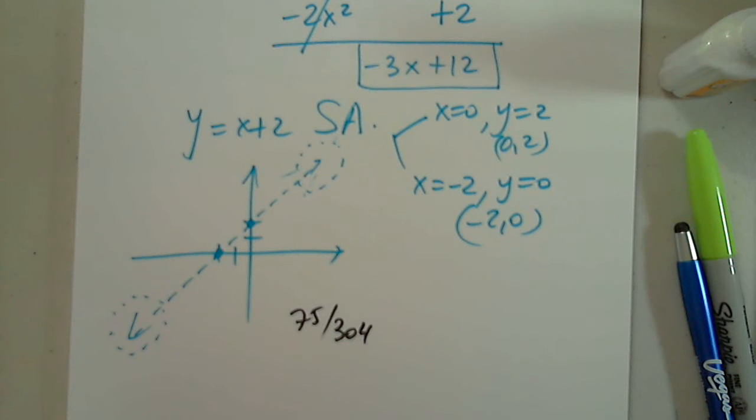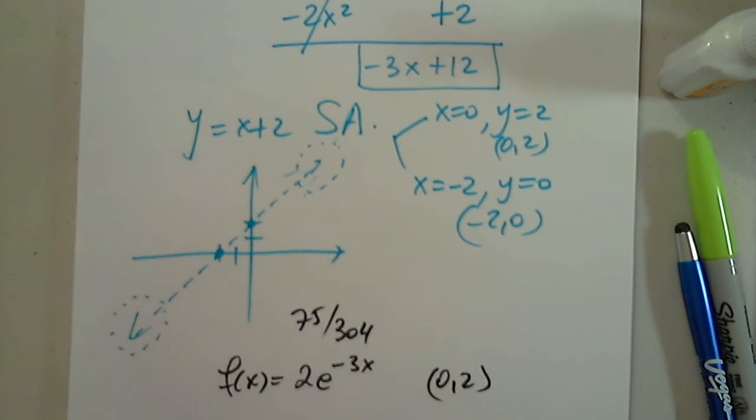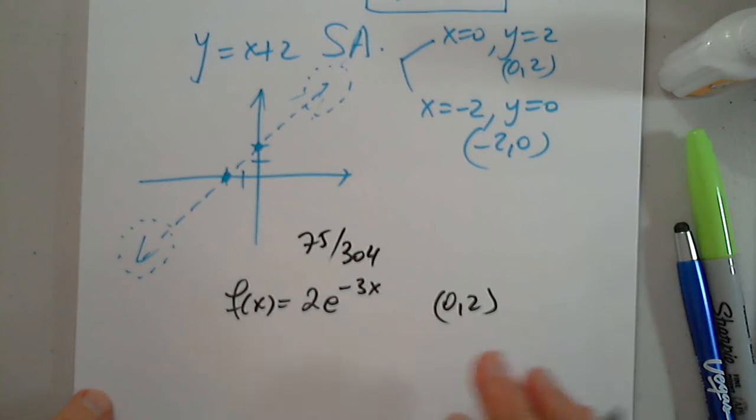Okay, so find the slope of the line tangent to the graph of f of x equals 2e to negative 3x at the point 0, comma 2. So they want us to find the slope of the line tangent to the graph at this point. Okay, so what do we need to do to find that slope?